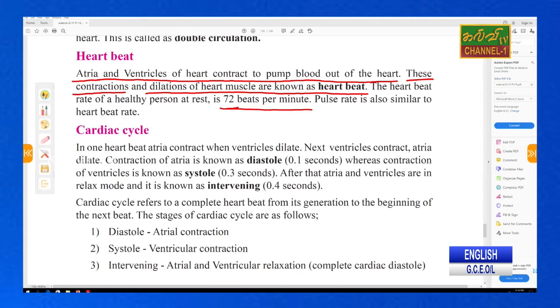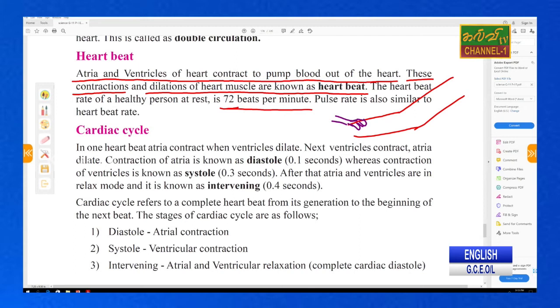Pulse rate is also similar to heartbeat rate, right? Sometimes doctors find it in your arm here. Sometimes they put their fingers here, and they may feel it.